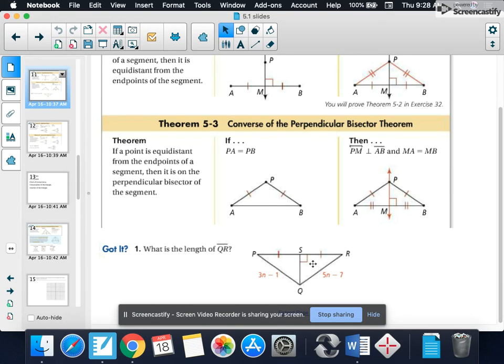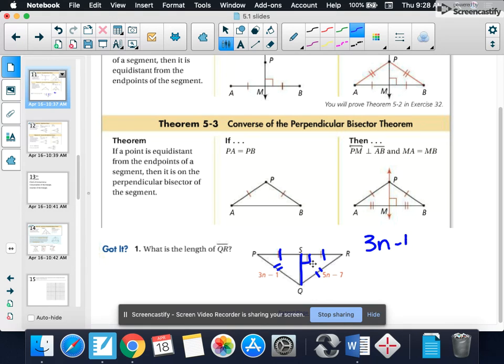So we're going to look at this first example here. Since we can tell that this is the perpendicular bisector, because QS is perpendicular to PR, and we also have that PS is congruent to RS, that means PQ is going to be equal to QR. So we're just going to set them equal to each other.